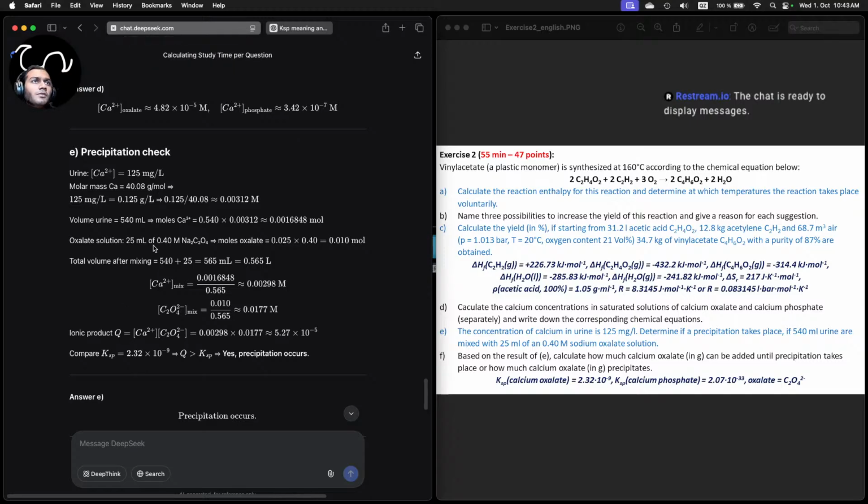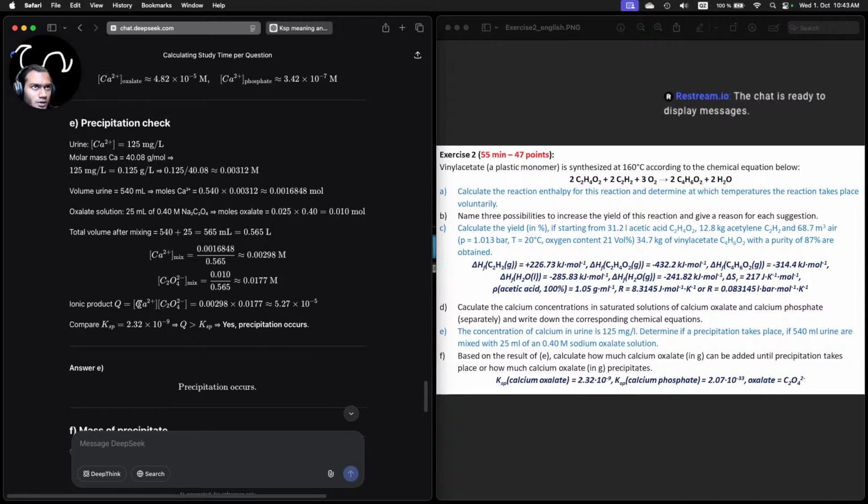So from 25 milliliters of 0.40, we calculate the moles of oxalate, take the total volume, and the number of moles divided by the volume gives the concentration.